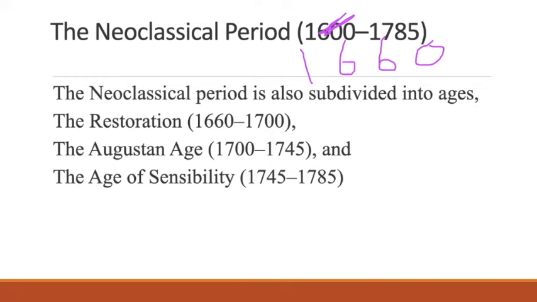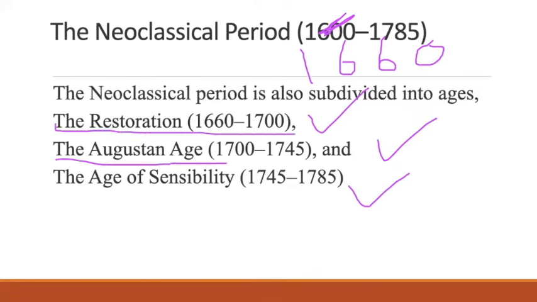Now, this neoclassical period again has 3 parts: the Restoration age, the Augustan age, and the age of sensibility. Now, the Restoration age is from 1660 to 1700. The Augustan age is from 1700 to 1745, and the last, the age of sensibility, is from 1745 to 1785.